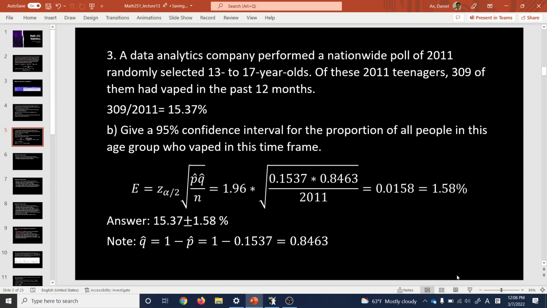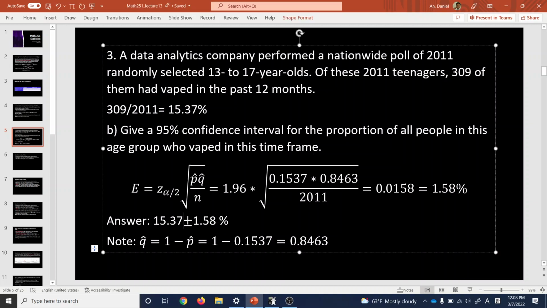When you write 15.37 plus or minus 1.58%, is that another way of writing the confidence interval? Yes, that's a good question. Thank you. Yes, that's another way people write a confidence interval. What does this really mean?